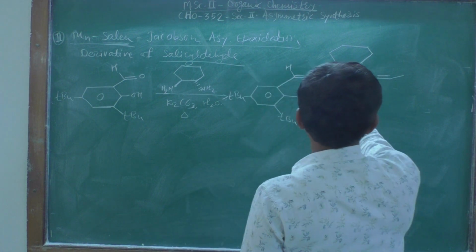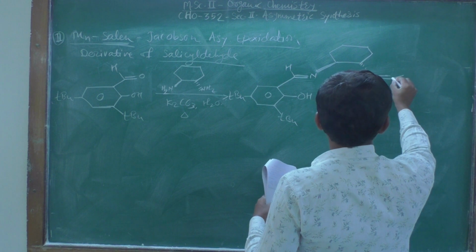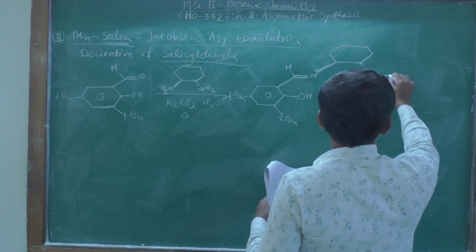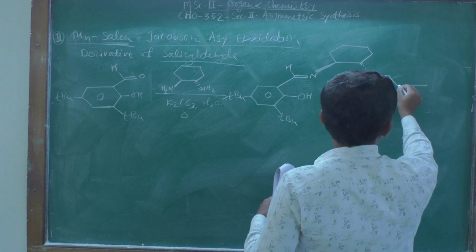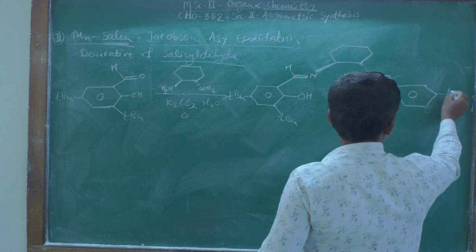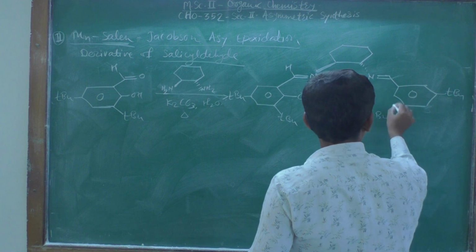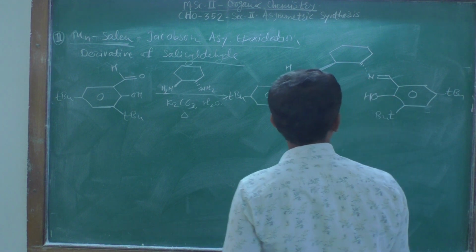This is the important stereochemistry: they are anti to each other. Then the aromatic ring, the dimer of this salicylaldehyde derivative, this is a tertiary butyl group, this is also a tertiary butyl group, and here it is hydroxy.